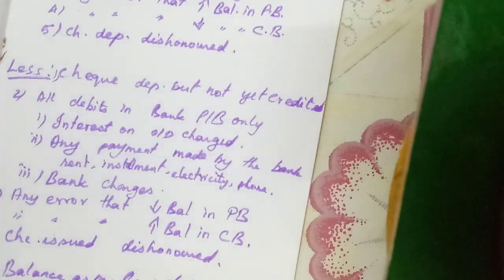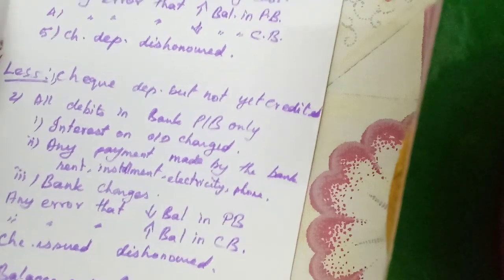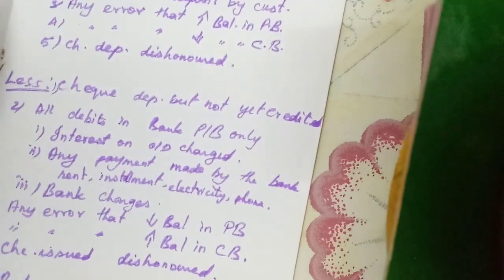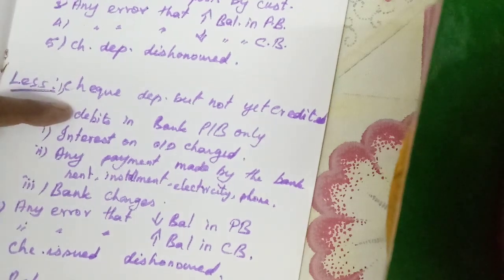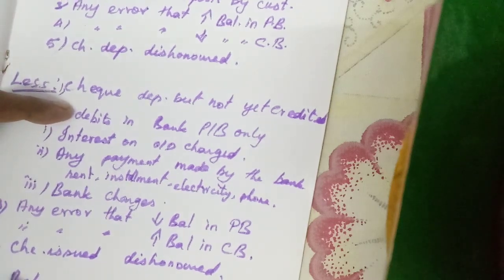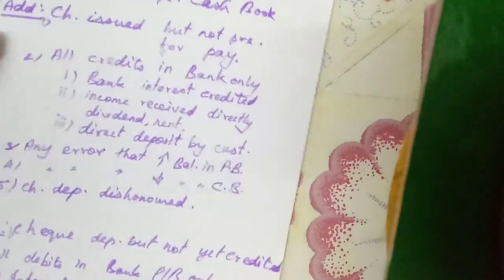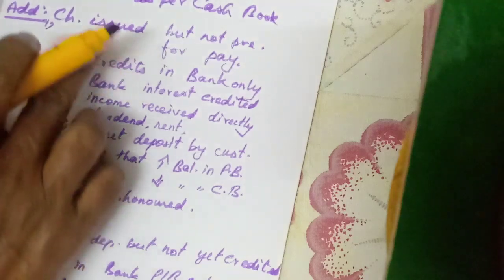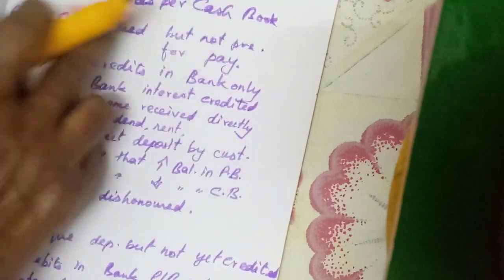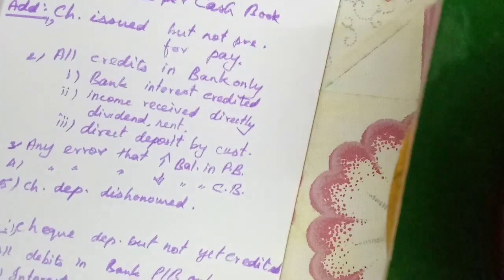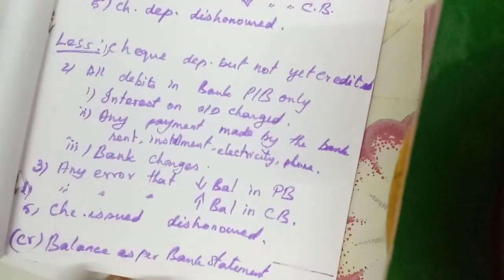If they give the bank balance as per bank statement, this means credit balance. This one is debit balance as per cash book. If they give balance as per cash book, we will get balance as per passbook.